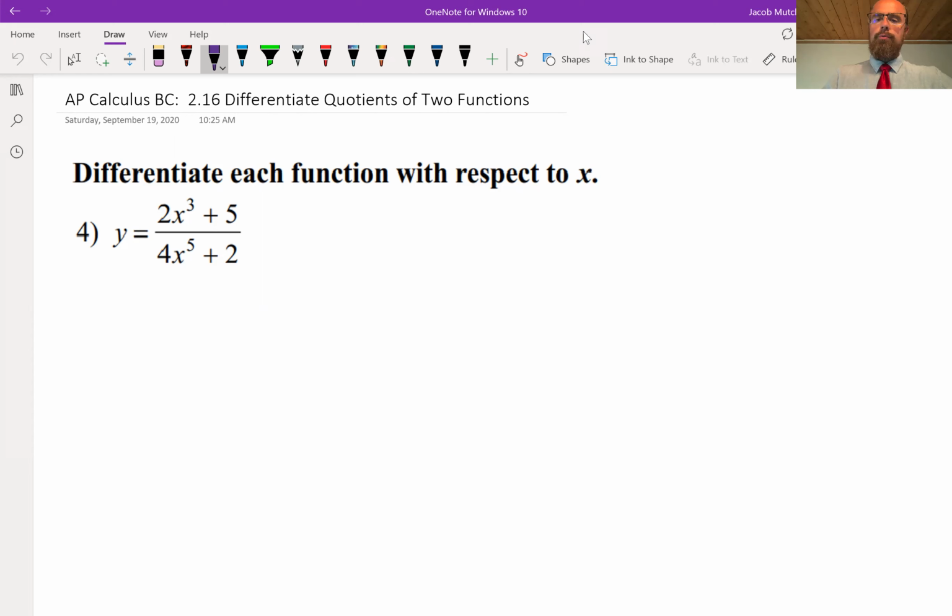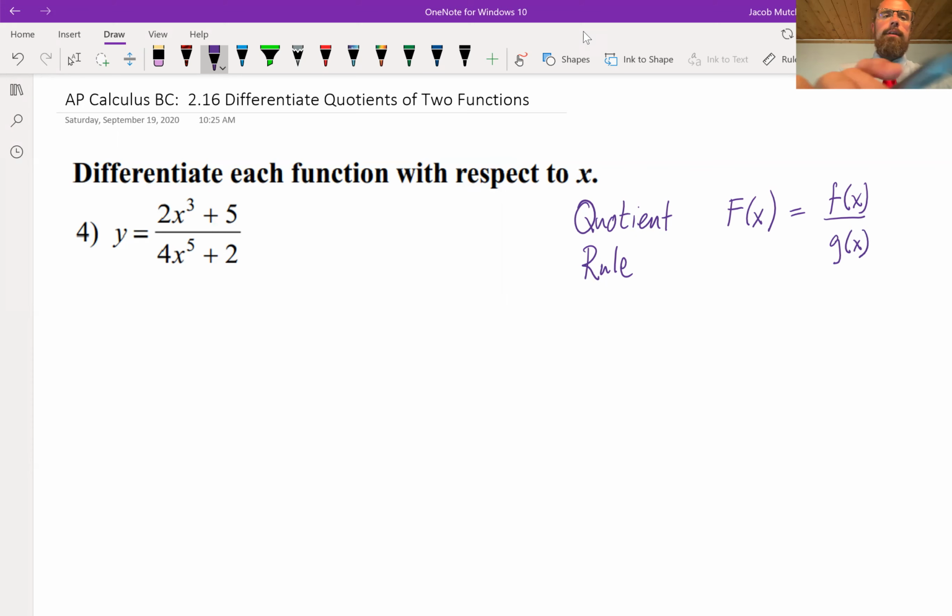So what the quotient rule says is if I have a function, we'll call it big F of x, that's made up of the division of a smaller function, small f of x divided by, for instance, g of x, then the derivative of big F of x has this pattern.